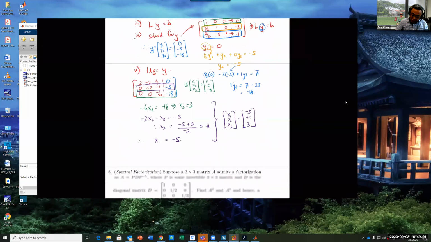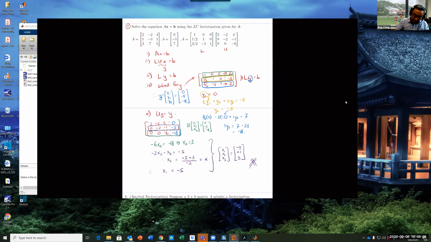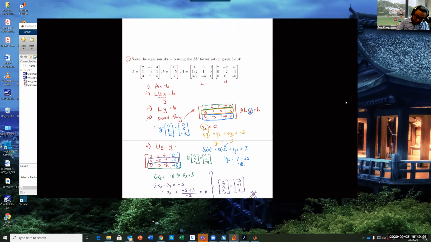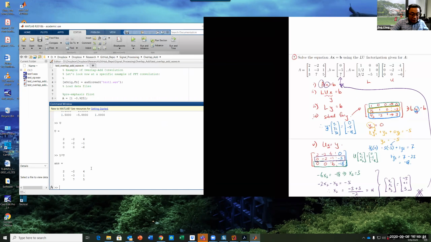So for a sanity check, we always plug this value into this equation here to see that A multiplied by this x will really equal b. Okay, so let's have a sanity check. I use MATLAB, but you guys should use Python. Let's just key in the numbers here.